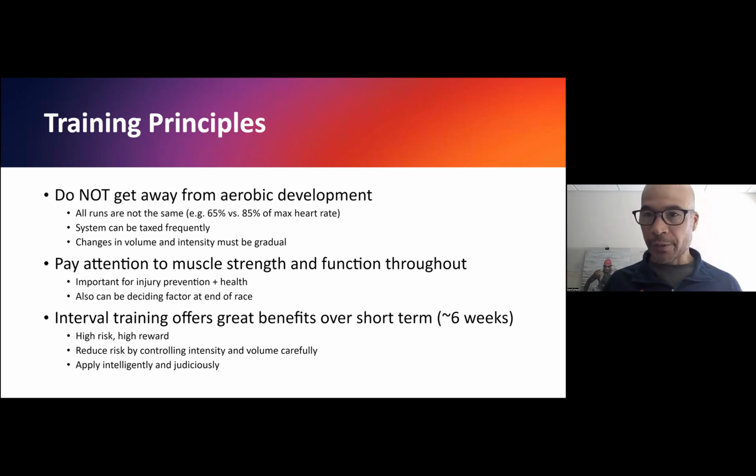Interval training is your bread and butter when it comes to performance. And we do have some specific information and workouts on examples of how to structure interval training. And as it says here, it's high risk, high reward.